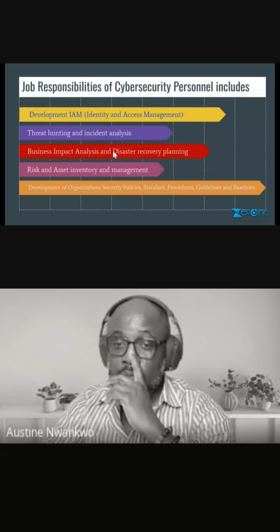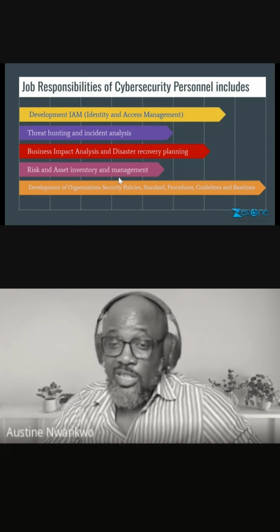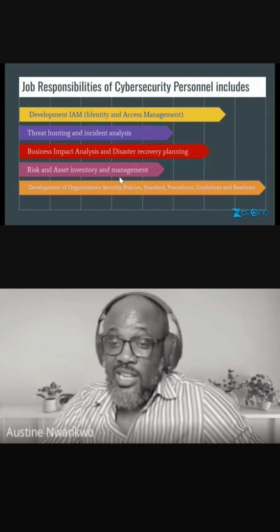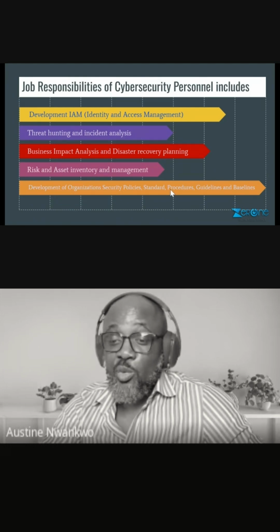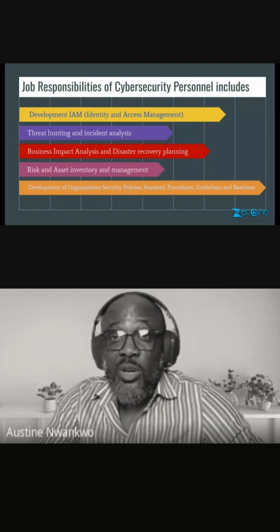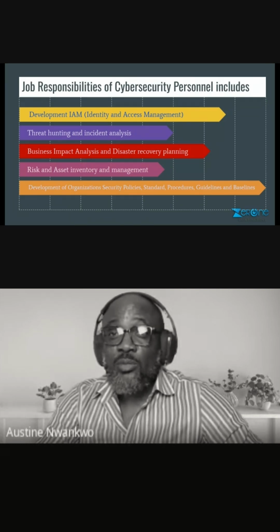Now, job responsibilities: develop identity and access management, threat hunting and incident analysis, business impact analysis and disaster recovery, risk and asset inventory management, development of organizational security policies. You can come into an environment where they don't have a security policy, because you can't hold people responsible without a written document.